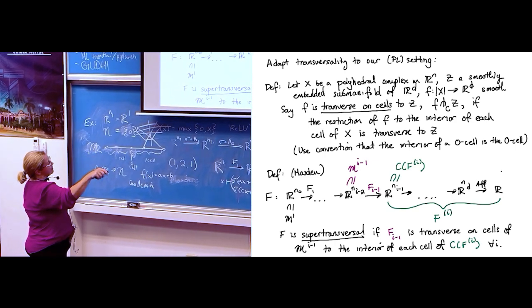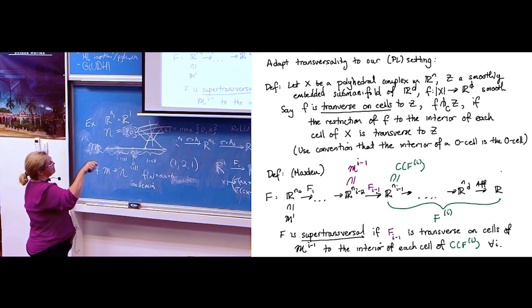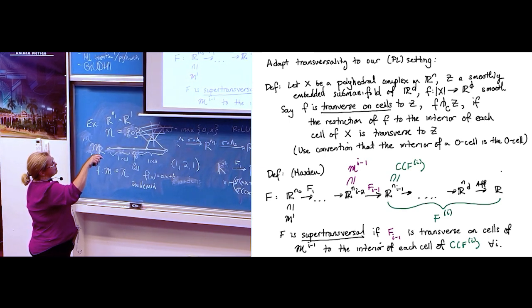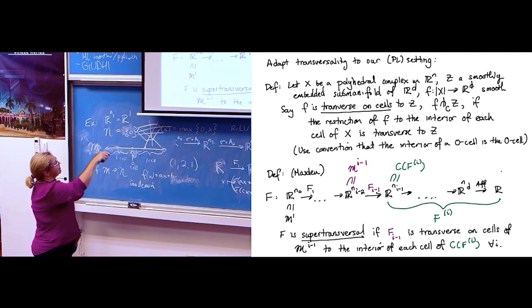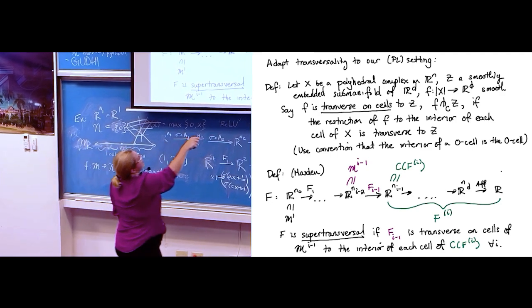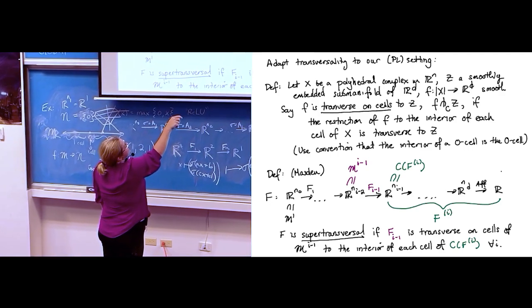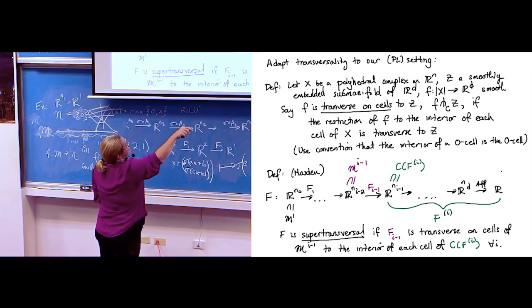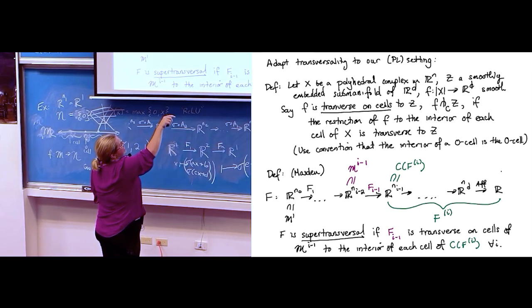So you've got your neural network, and you've got all these complexes. The M's are the ones that come from the hyperplanes. And then the C's, these are the complexes you get when you go from here forwards and pull everything back to here.